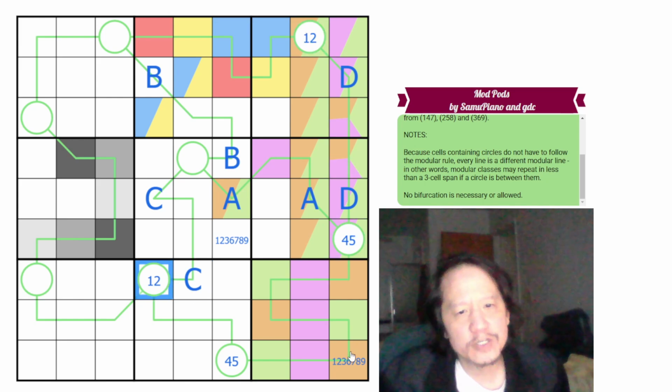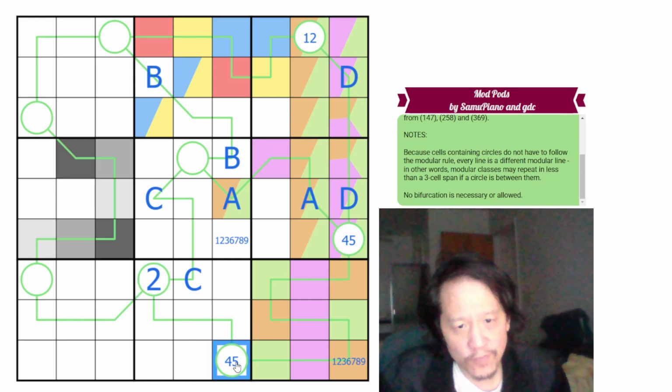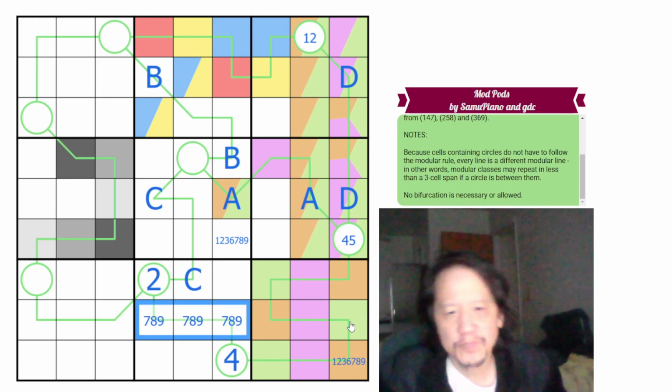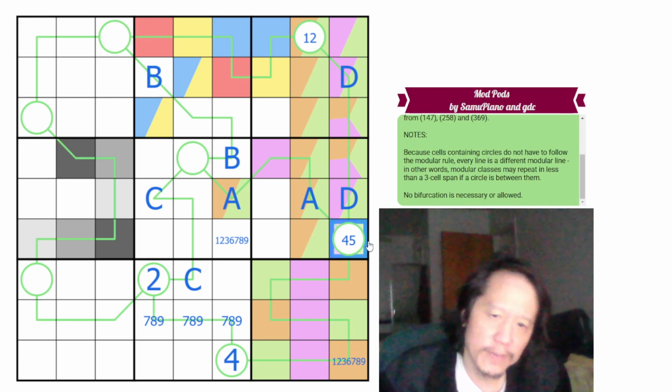What about if we tried to make this 24? If that's the case, this would be 2, this would be 4. This would have to be 7, 8, 9, right? So then this would be 5.